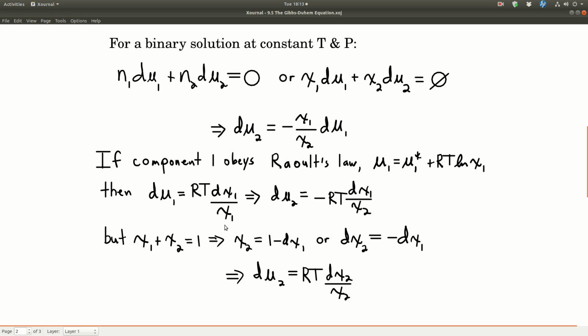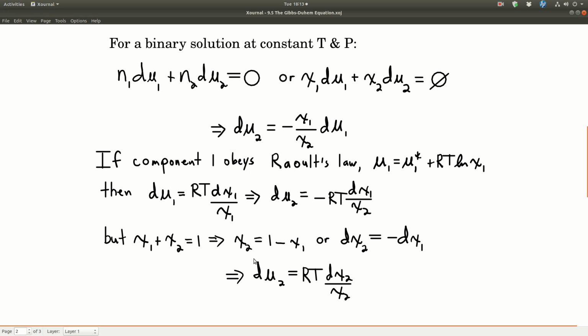But there's a connection between chi-1 and chi-2: they have to sum to 1. So chi-1 plus chi-2 equals 1, or chi-2 equals 1 minus chi-1. Taking the derivative of both sides, d chi-2 equals negative d chi-1, because d of 1 is 0.